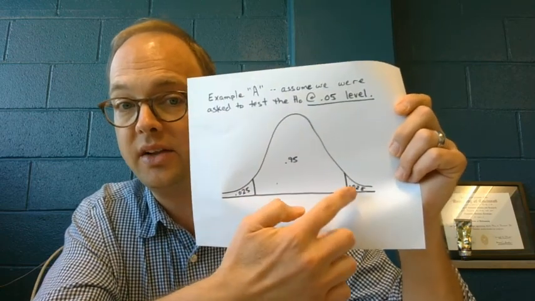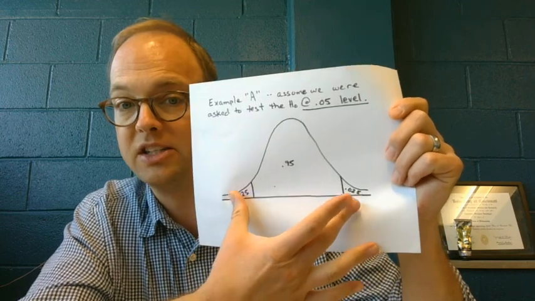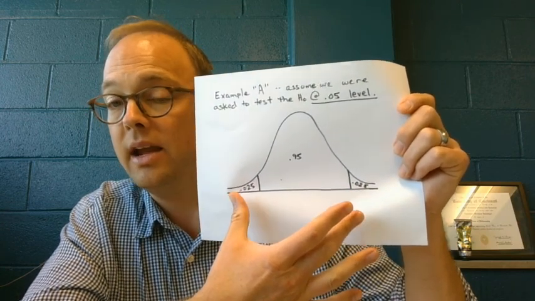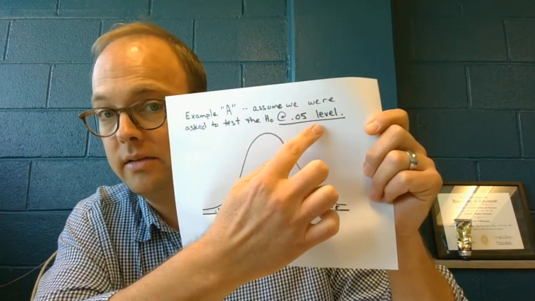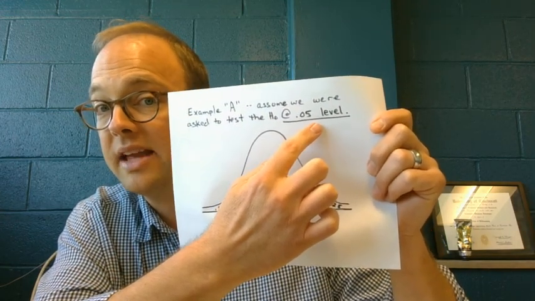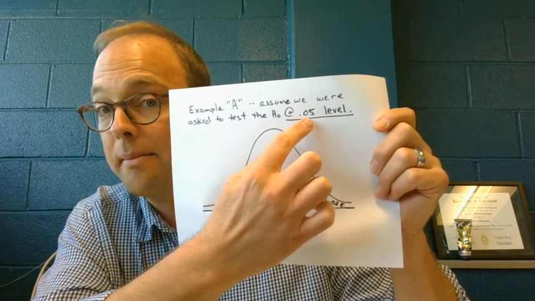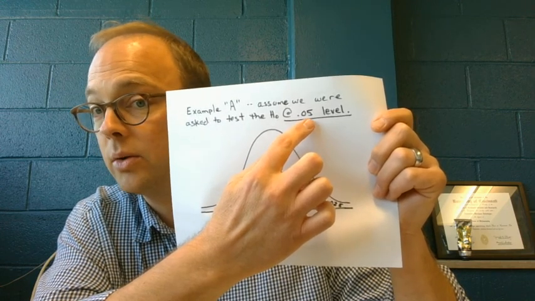You need a two-tailed test, so that means that the critical region is going to be split evenly between the two tails. In addition, you were asked, hypothetically, to test the hypothesis at the 0.05 level. That means that 0.05 is the area, the size of the critical region.